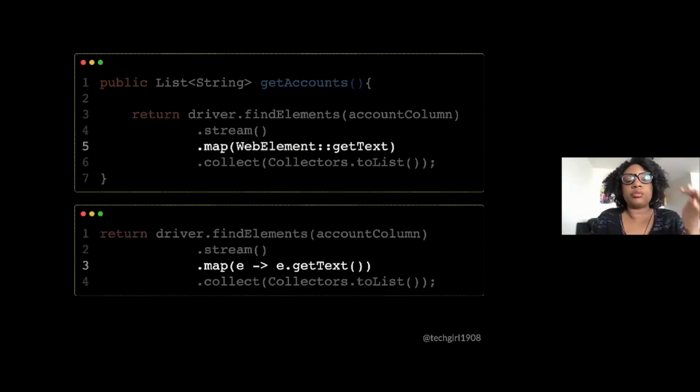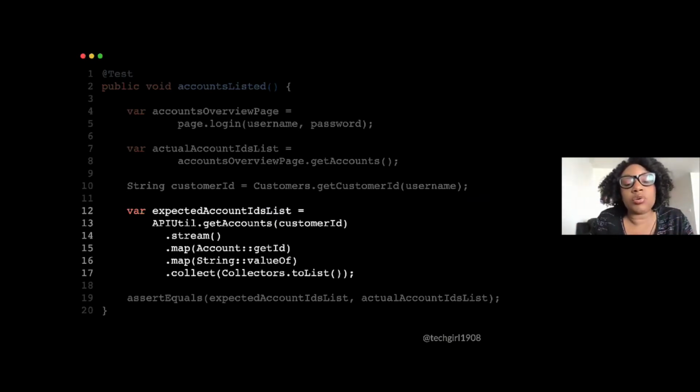So here's an alternative way to write that map call. Notice in the top example, line 5 uses a shortcut or syntactic sugar, but in the bottom example, line 3 uses the fully spelled out approach with the arrow. Okay, so we can do the same in our test method.